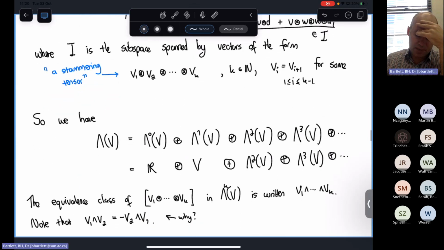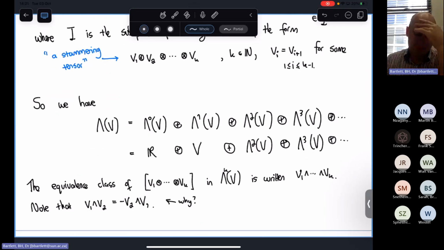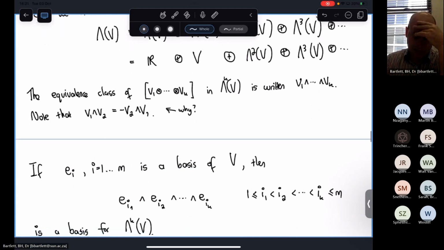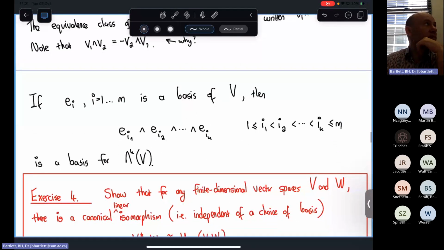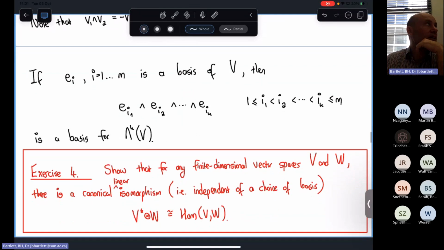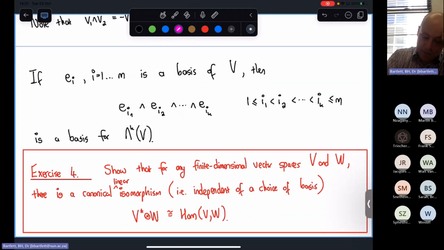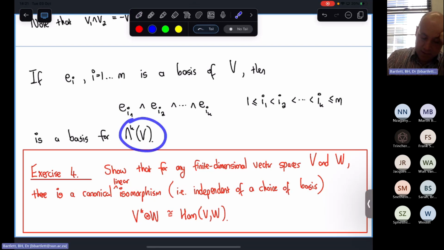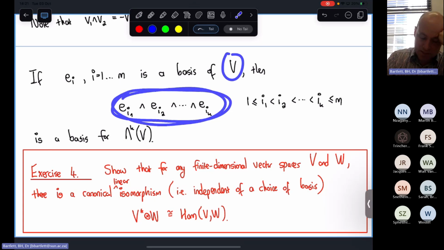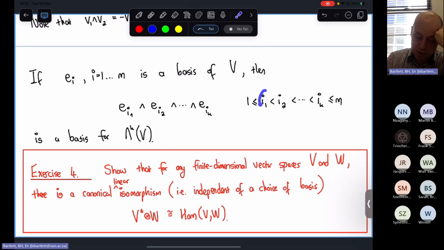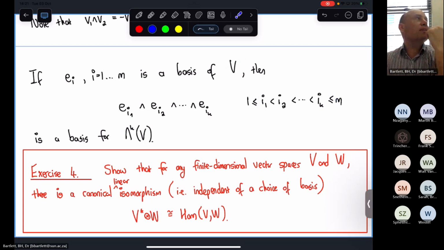The exterior algebra itself breaks up into its homogeneous components, and we worked out a basis for it. So if you want to look at the kth exterior power, and you've got a basis for V, then these wedges, where you've got to order them so that each index is less than its following index, otherwise we'll be overcounting.